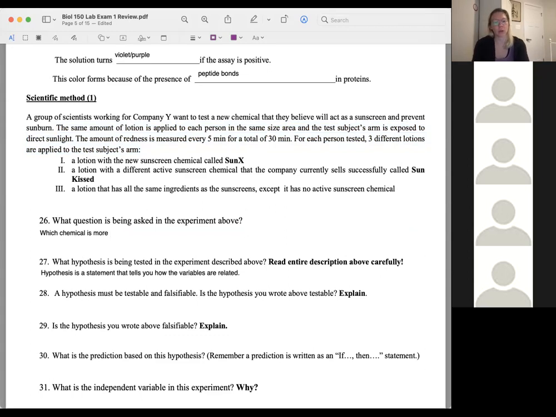And then what could you add to this? I was thinking, is Sun X an effective sunscreen? Okay, I like that better. It's a little bit more specific. Yeah, so is Sun X a more effective sunscreen? Excellent.